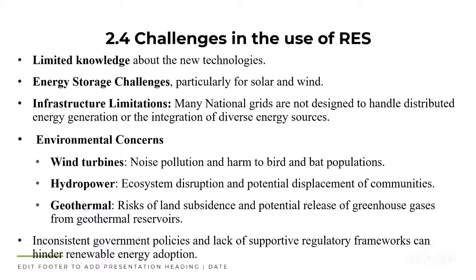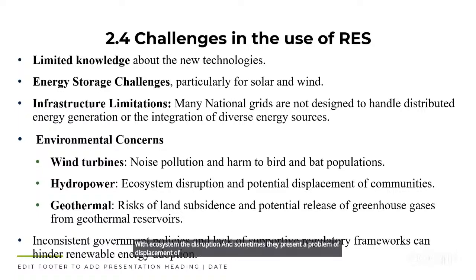For hydropower, we have seen that they have a problem with ecosystem disruption, and sometimes a problem of displacement of communities when it comes to building big dams. Because when you build big dams, not only do they have a big impact on the environment, but also on the population. They need to displace communities.